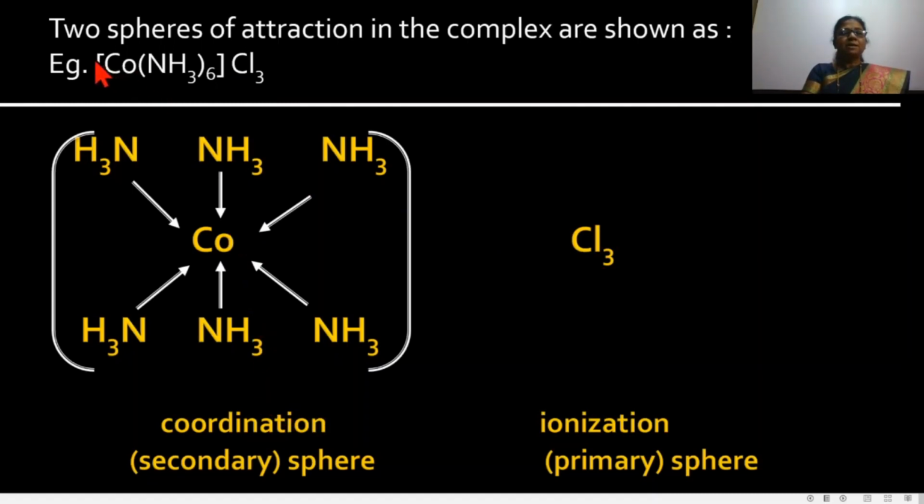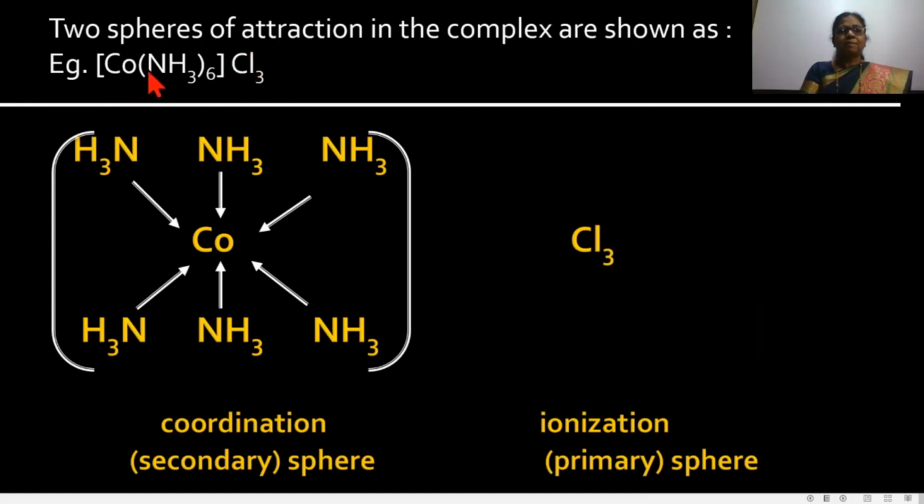The secondary valency is enclosed in the square bracket. It is also called the coordination sphere, and the primary valency is written after the square bracket, and it is ionizable.